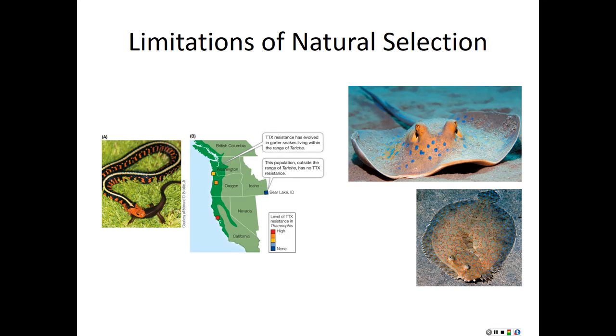It produces a neurotoxin, which of course is to keep predators from eating it, but there is a kind of garter snake that can eat this newt and not die. The garter snake will be immobile for several hours after eating the newt, though, and that makes it vulnerable to predators. So it's a compromise. They can eat this toxic newt, but they then themselves are more vulnerable to predators. So it's a compromise in nature.